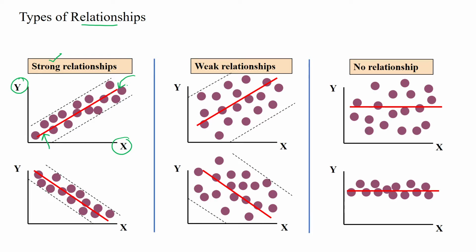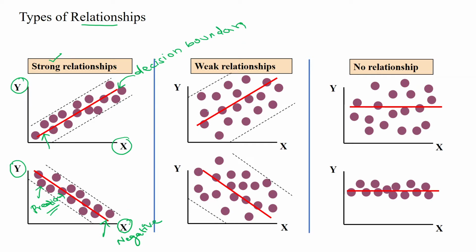This one is called the positive decision boundary, and the one below is called the negative decision boundary. Here again the data is very close to the decision boundary. These are all predicted values of data points, and the predicted values are very close to the decision boundary. That says the dependent variable has a very strong relationship with the independent variable x.